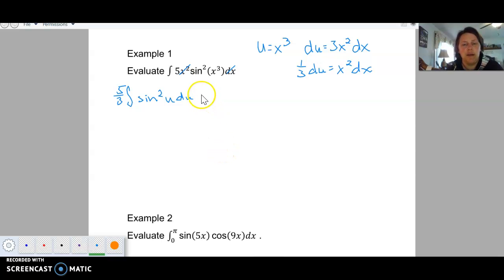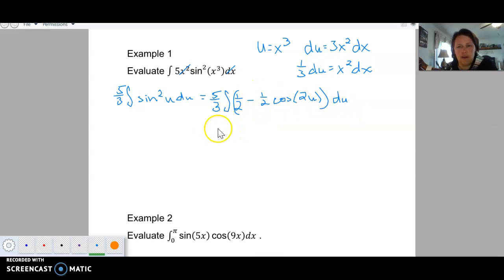So now we end up with 5/3 times the integral of 1/2 minus 1/2 cosine of 2u du. Sorry, we're using u.